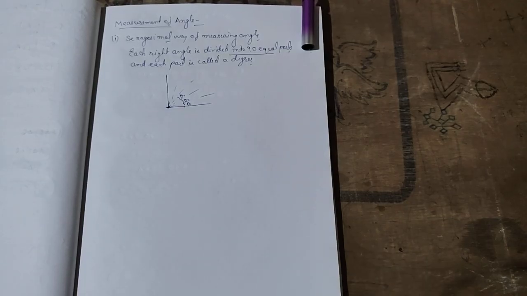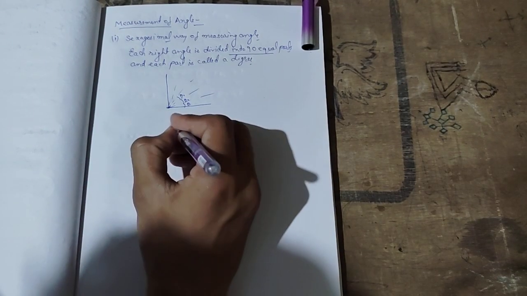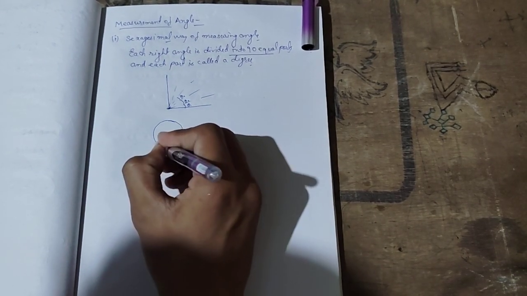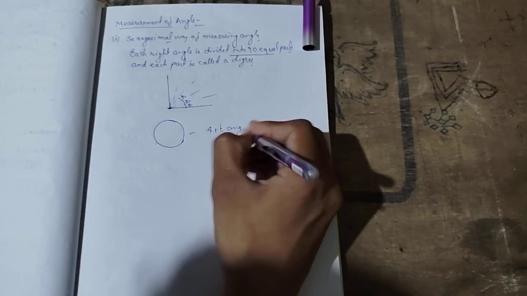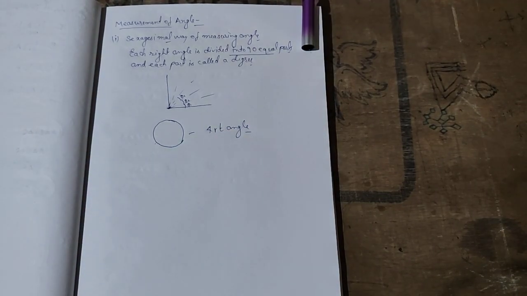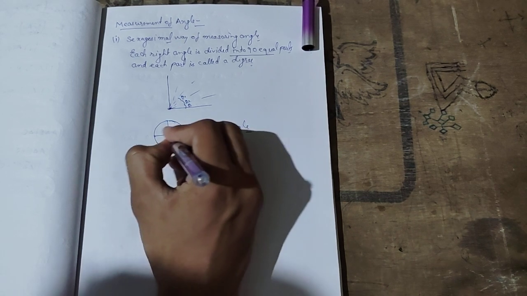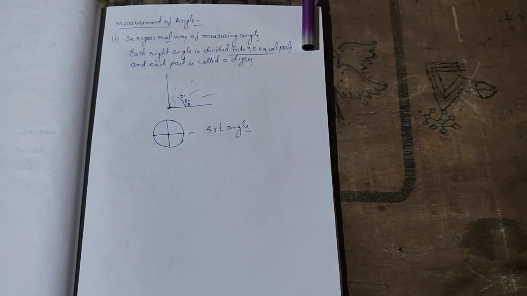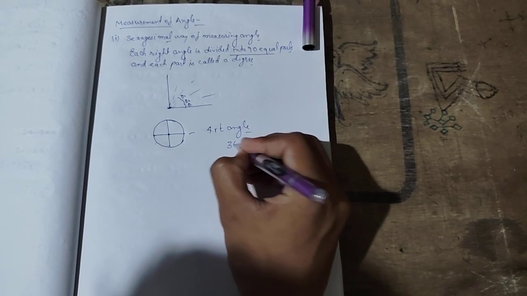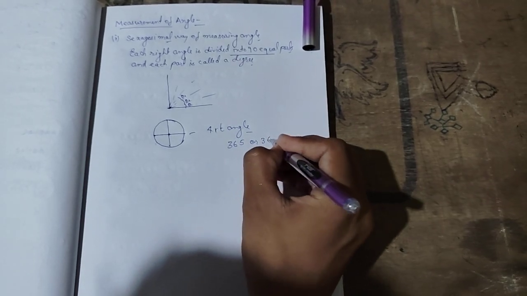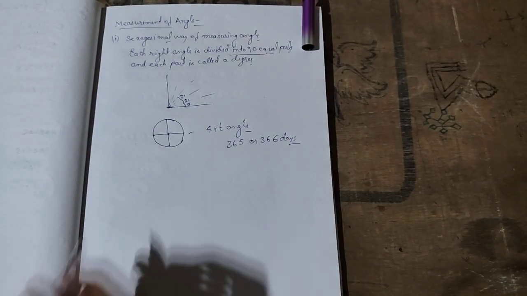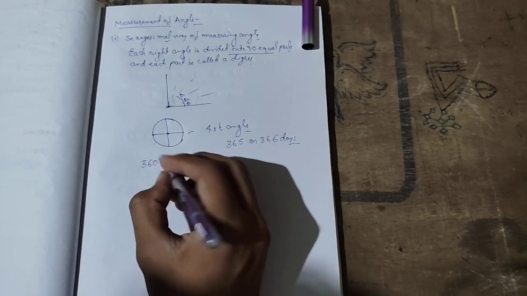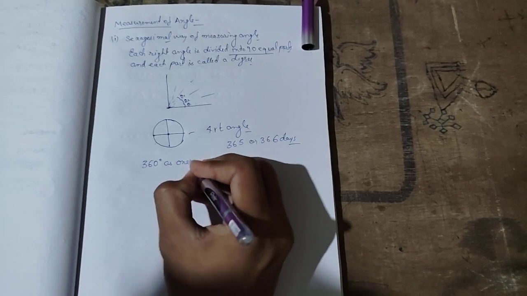When we take one revolution, it contains four right angles. In our years there are 365 or 366 days, and we take 360 degrees as one revolution.